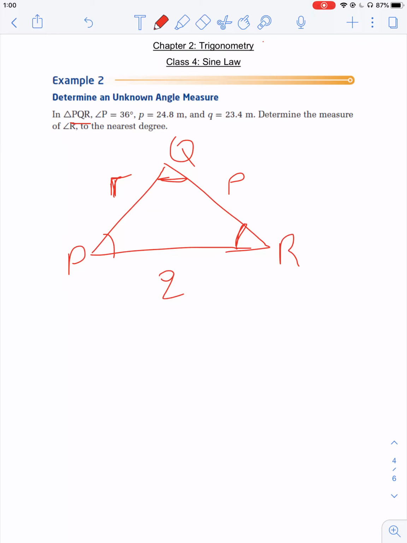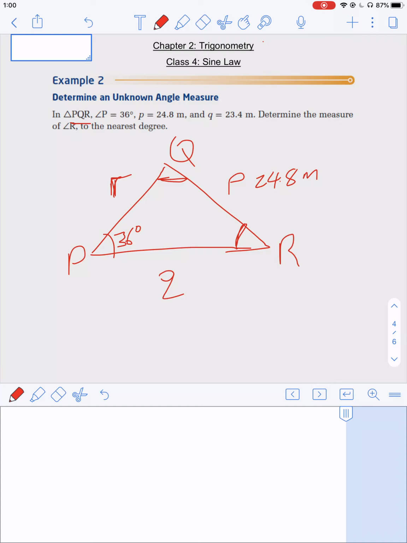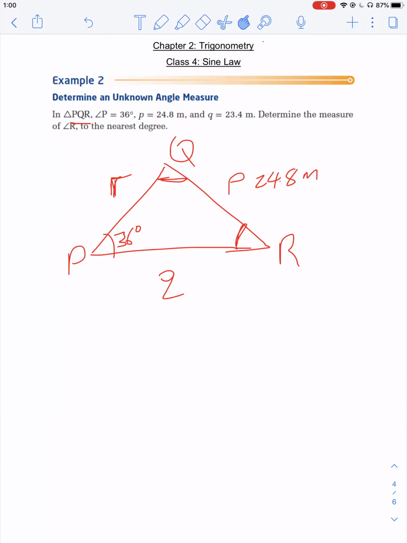So what do we know? We know that angle P is 36 degrees. We know that side length P is 24.8 meters. And we know that Q is equal to 23.4 meters.